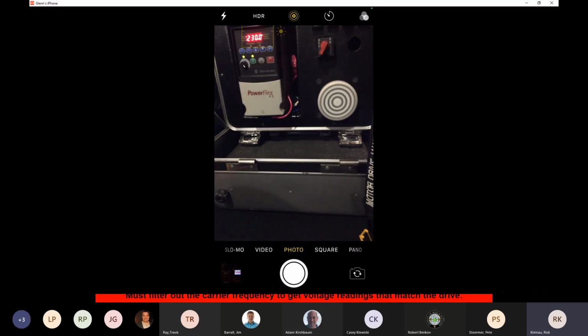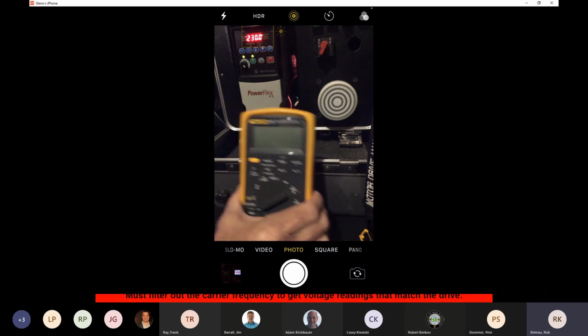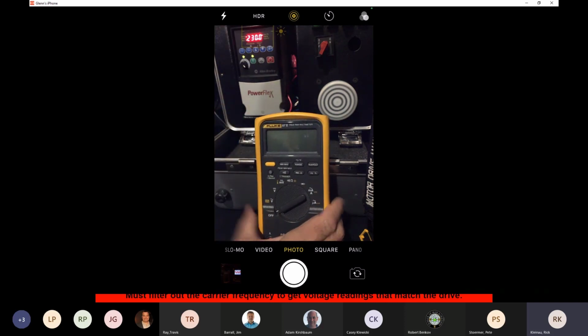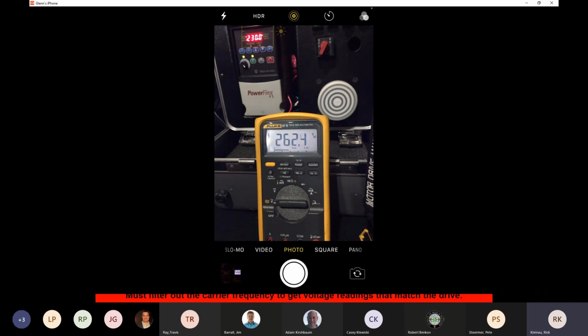Now we're looking at voltage on the output of the drive. This isn't as big a difference as we saw when we looked at amperage on the input of the drive, but it's significant, right? It's 30 volts out of 230. Well, if you know much about Fluke, you know the Fluke 87. This is, I'll say with pride, probably the most popular meter for a high-end industrial electrician, right?